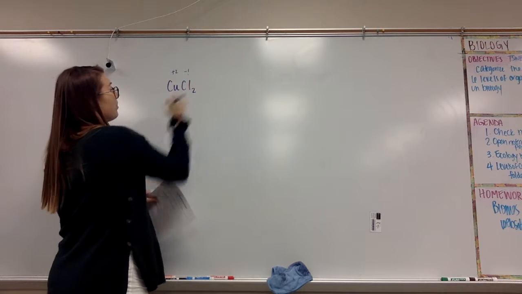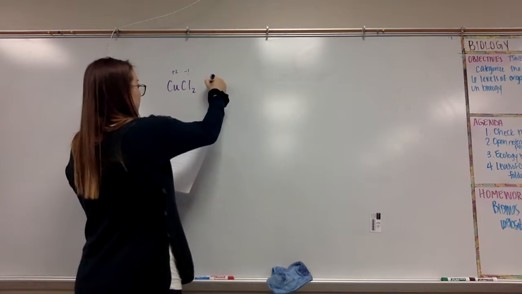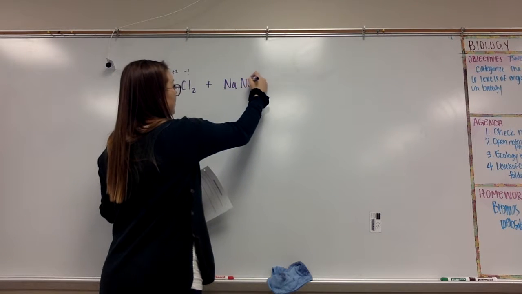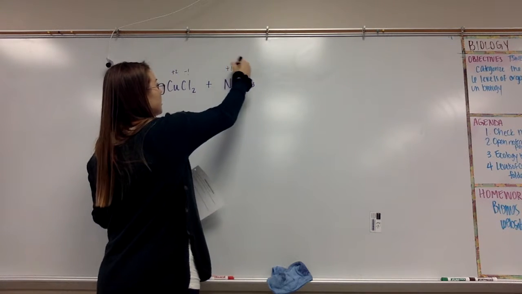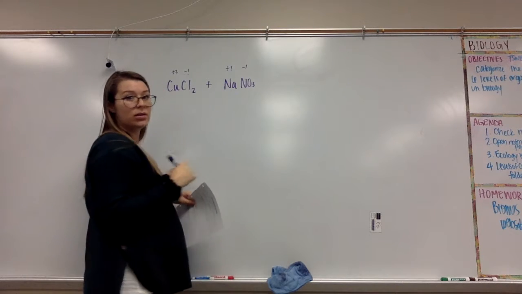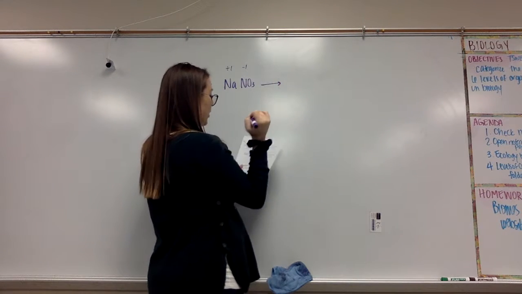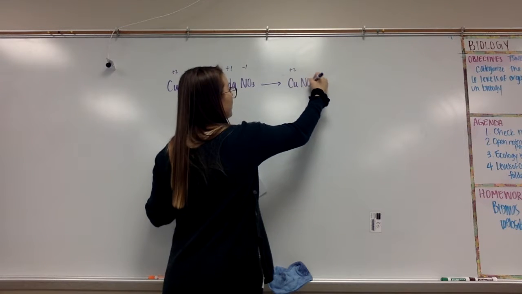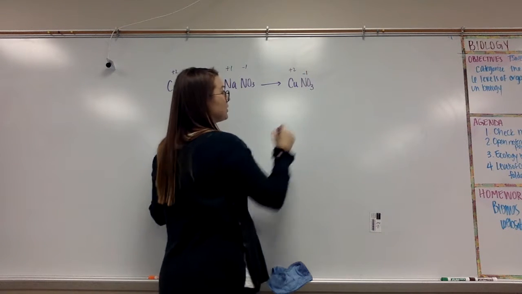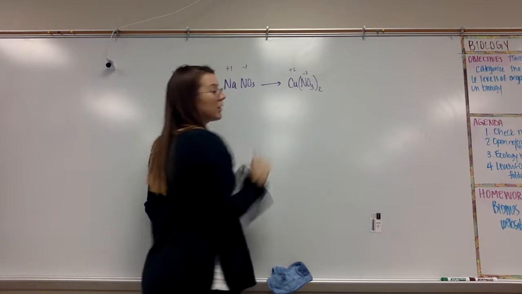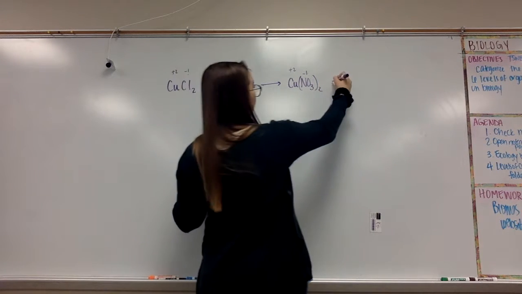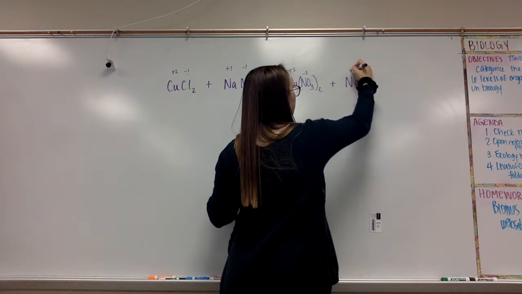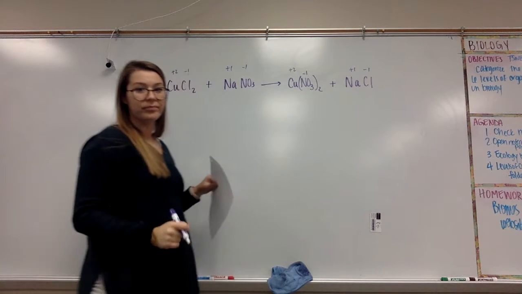If we drop and swap, copper 2 chloride and sodium nitrate, sodium is plus 1, nitrate is minus 1, those cancel. We are going to make copper 2 nitrate. So hopefully when you drop and swap, you would have done that. And sodium chloride. Plus 1, minus 1, those cancel.